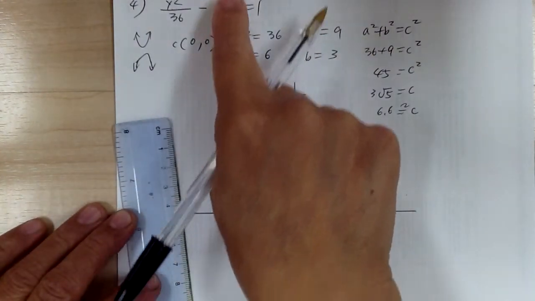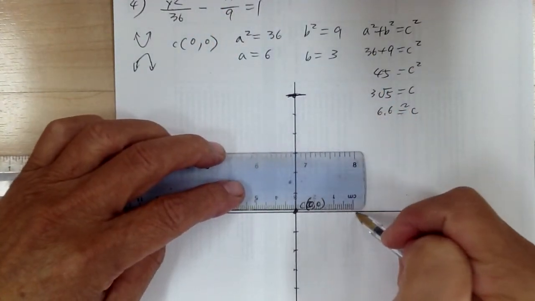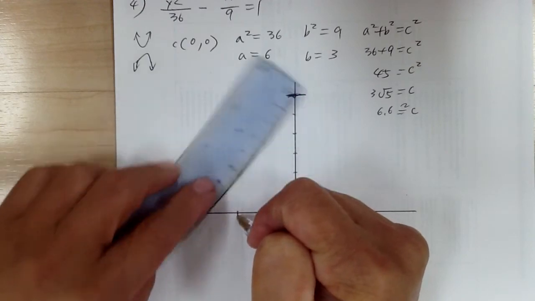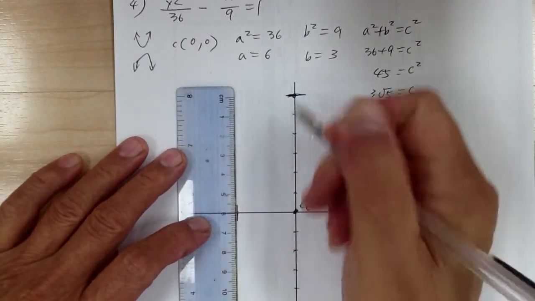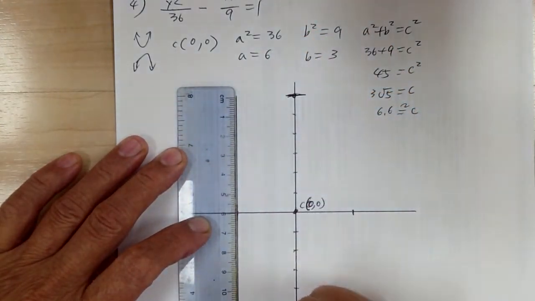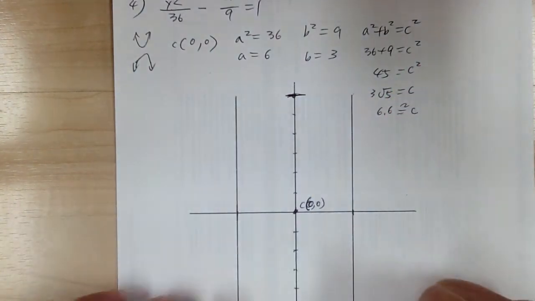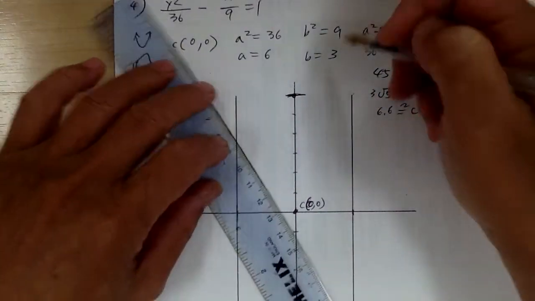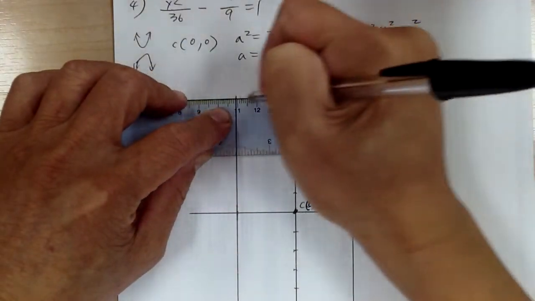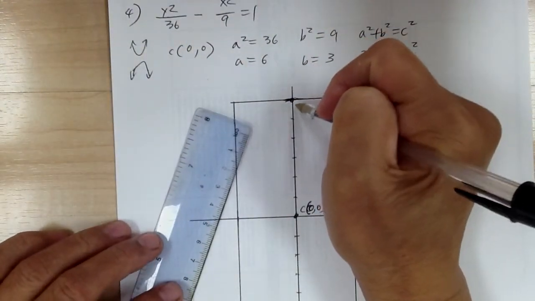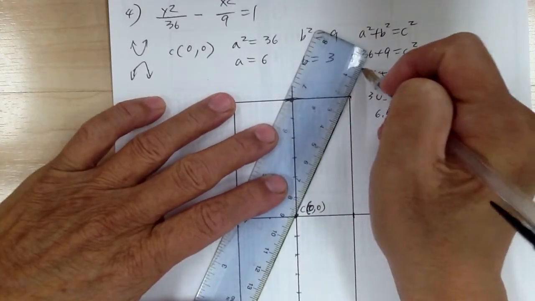And you're going to go 3 in the x direction. Okay, so go and draw your box. And get your asymptotes.